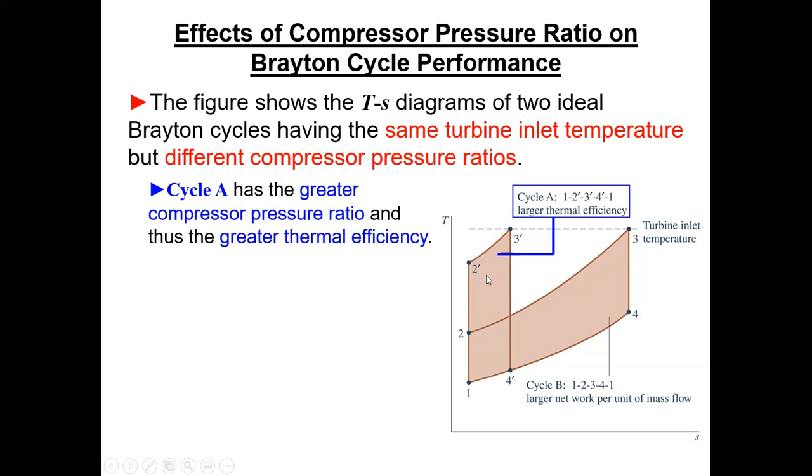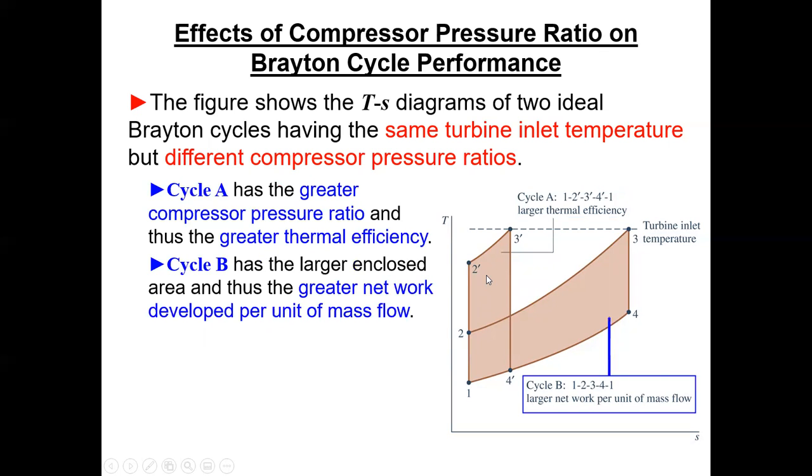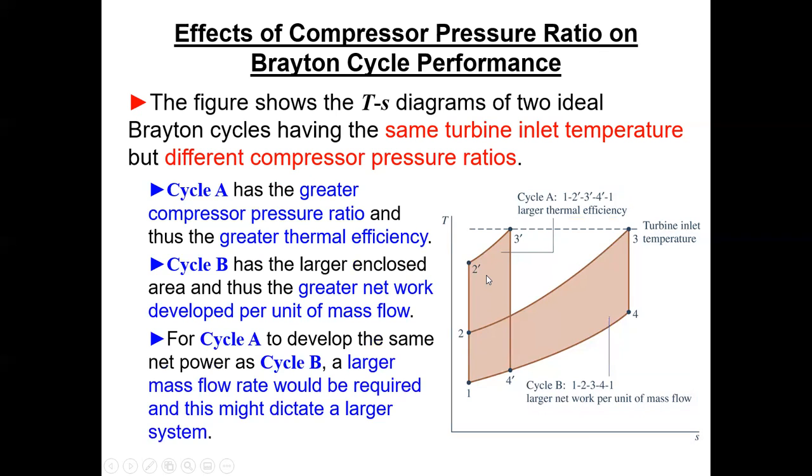So that's what this is saying. Cycle A has greater compressor pressure ratio, thus greater thermal efficiency. And that has to do with that average temperature during the heat addition. Cycle B has larger enclosed area and thus greater net work developed per unit mass flow. So which one do we want? Well, it depends on our application. So the note here is for cycle A to develop the same net power as cycle B, we've got to have more mass flow because we don't get as much per unit mass.